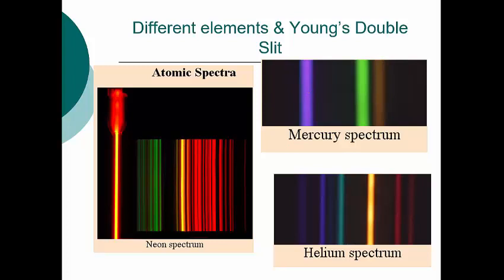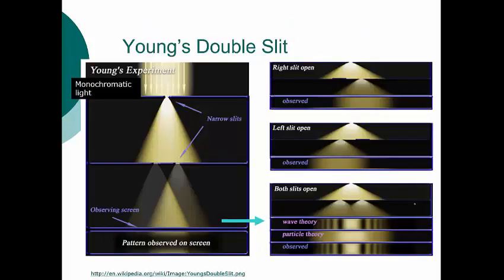Here's mercury with a blue line, a green line, and then a somewhat fainter yellow line. Here's helium with kind of a purple, a blue, a green, a yellow, and then two red lines. So we can actually use this to identify different elements using a double slit or a diffraction grating, which we'll talk about, to examine the light. And we can use this in turn to determine the wavelength of the light that we're looking at.